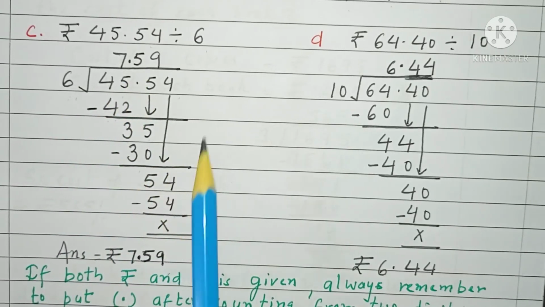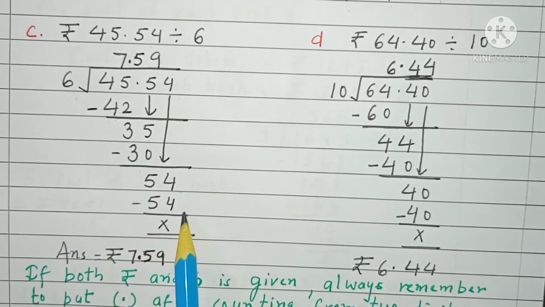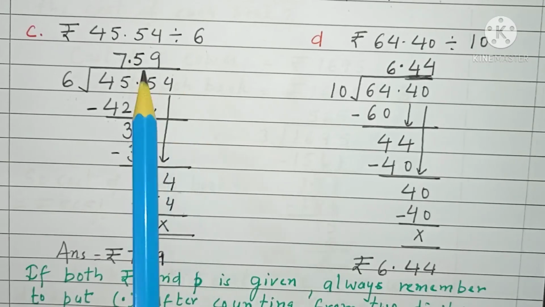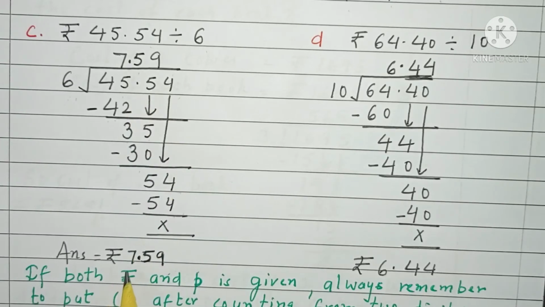Again, putting down 4 now, 6 nines are 54. Always remember, we need to put a dot after counting 2 digits from the right. So the answer comes out to be rupees 7.59. That is 7 rupees and 59 paise.